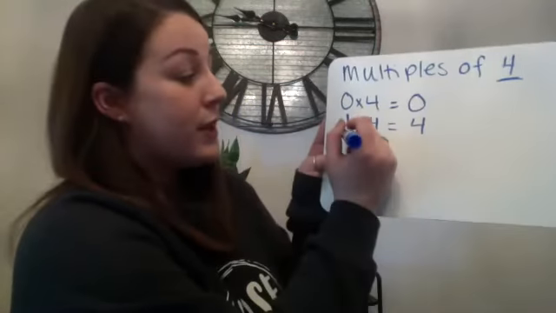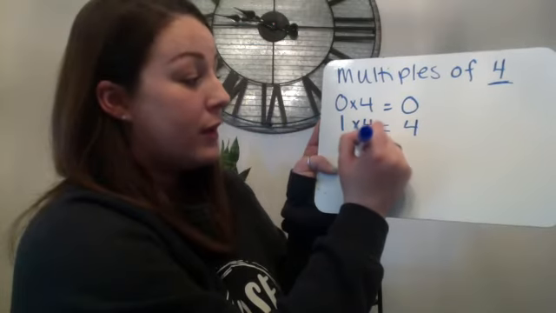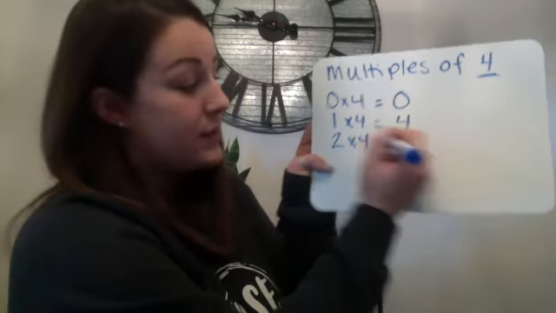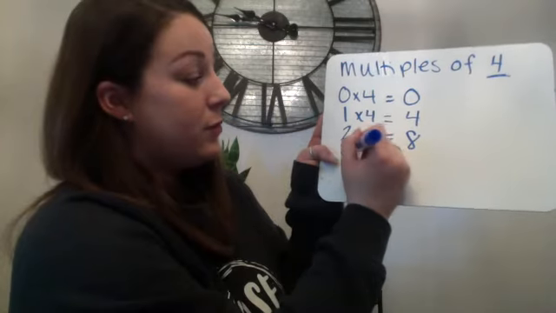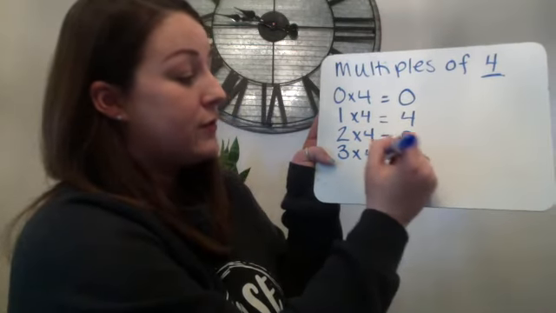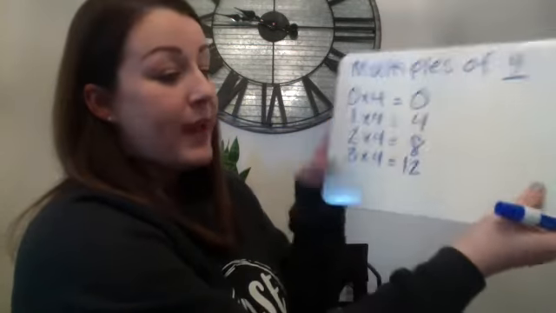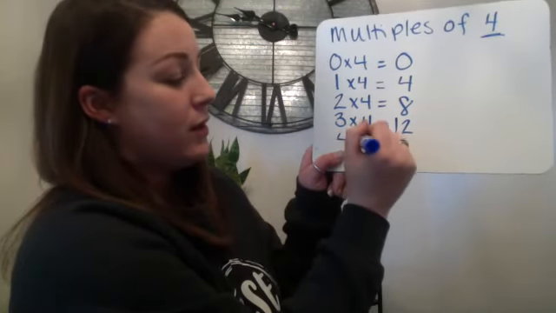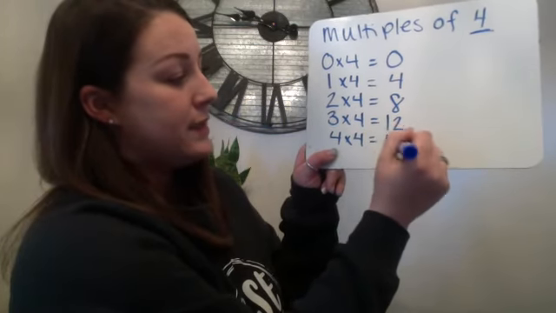The third multiple of 4 is the answer to 2 times 4, and 2 times 4 is 8. Then the fourth multiple would be the answer to 3 times 4, and that's 12. And the fifth multiple would be the answer to 4 times 4, which we just found out was 16.